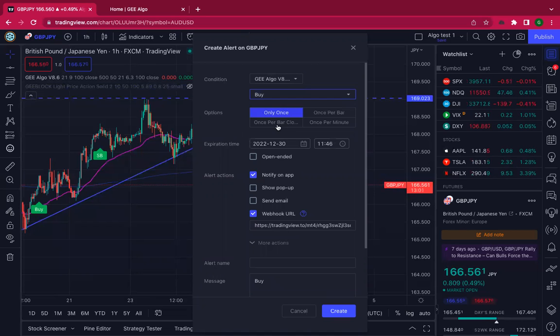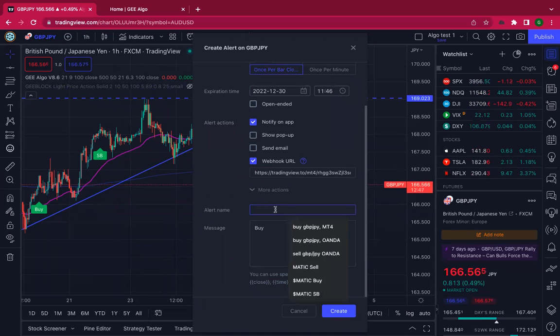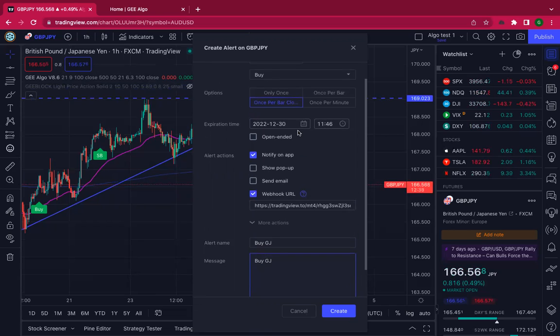You want to do buy, once per bar close. Sometimes if you have it once or opened, you'll have a false signal. So you do want to make sure it's once per bar close. You set the alert name that you want, buy GJ, GBP JPY, buy GJ, and then you set it, and then it'll get push notification to your phone.